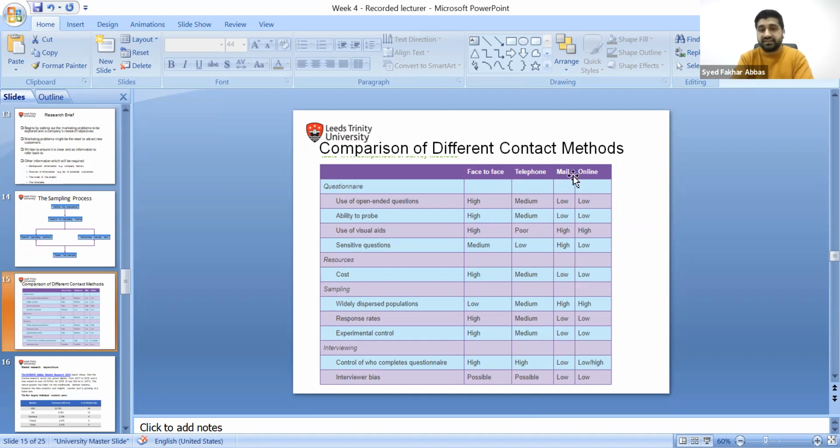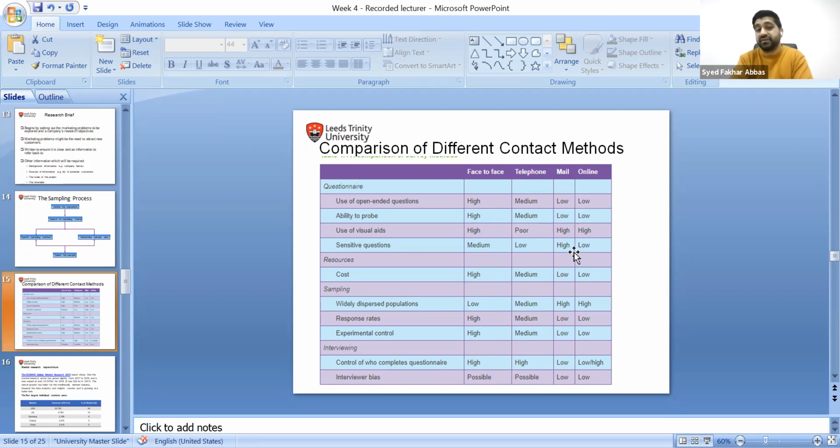Then we can see the third medium is email. Email is very cheap, and it can have significant impact. The use of open-ended questions is very low; we have to be limited. The ability to probe will be low. Use of visual ads will be high, as we can use different visuals or ads when sending emails.